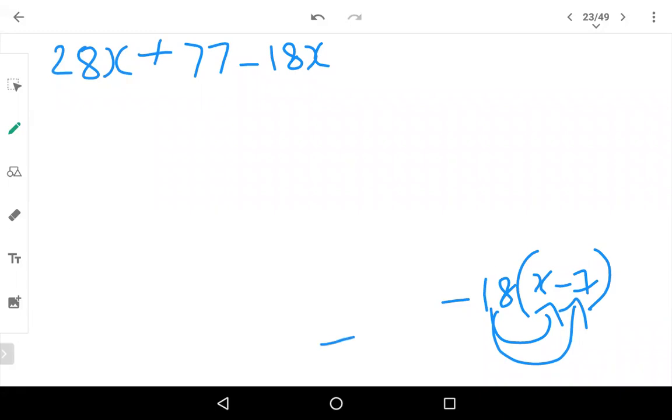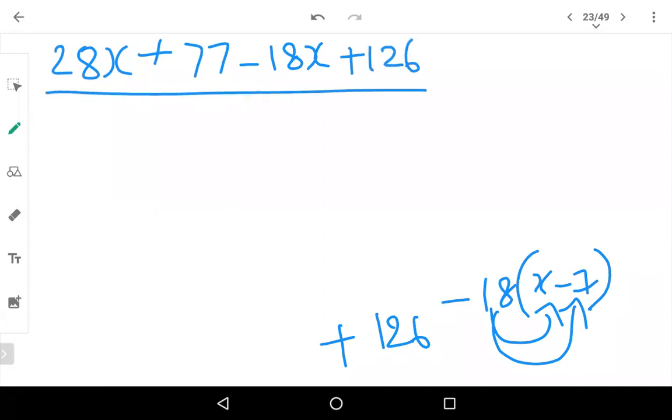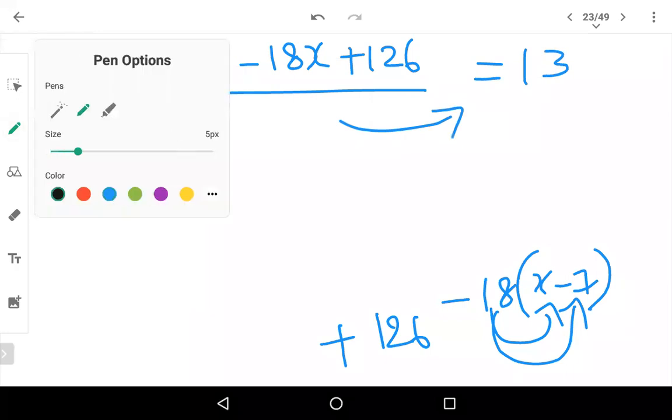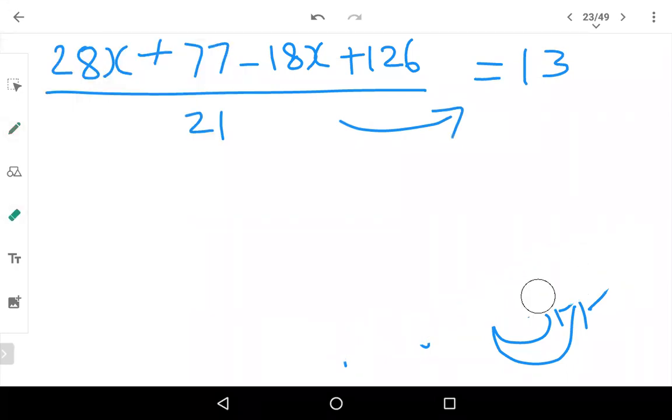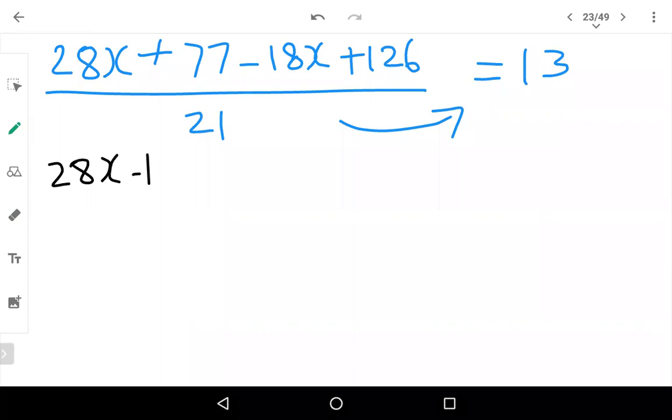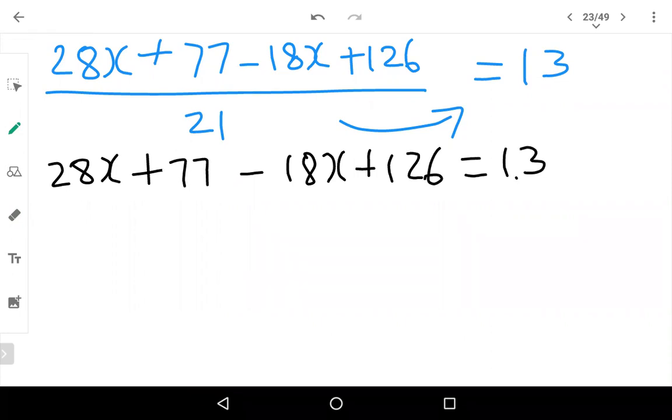Minus into minus is plus. 18 into 7 is 126. So plus 126 whole divided by 21 is equal to 13. So in the next step, let us take this 21 to the other side. So you'll have 28x plus 77 minus 18x plus 126 is equal to 13 into 21.